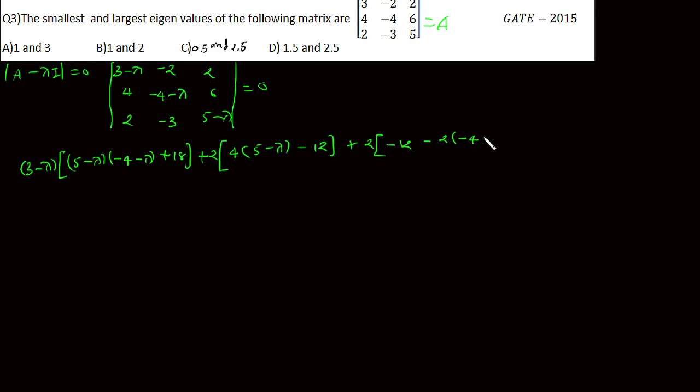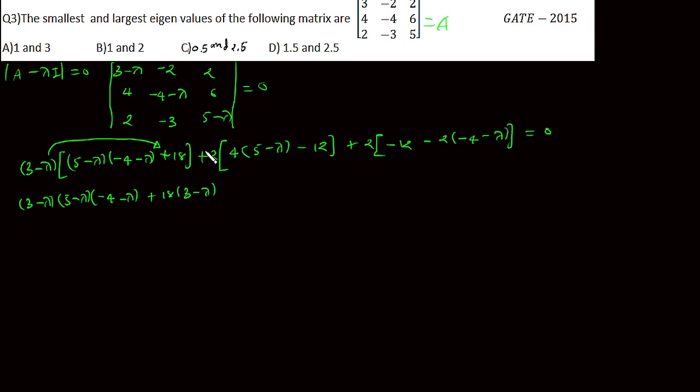Okay, we have to equate the whole equation to 0. So let's simplify this equation further. So simply 3 minus lambda into 5 minus lambda minus 4 minus lambda. Here let's multiply this bracket with this 18, so we are getting 18 into 3 minus lambda.